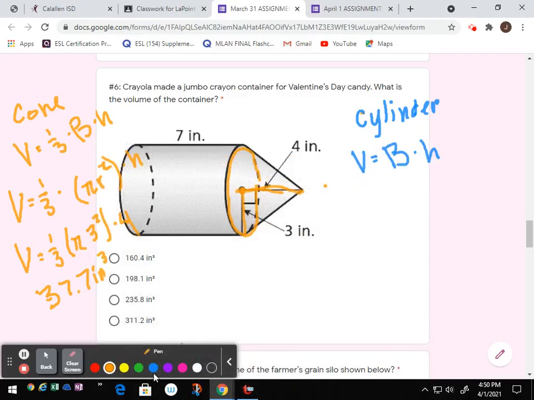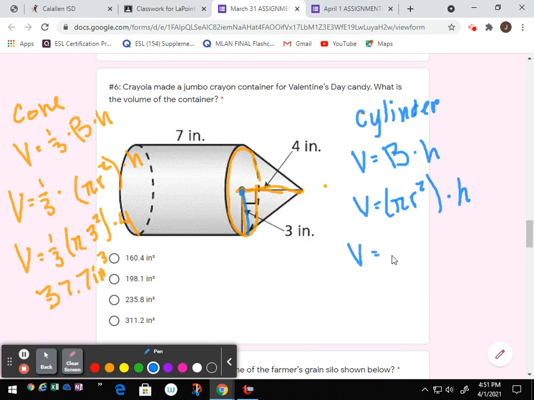Now we need to find the volume for the cylinder. So big B is the area of the base, which is still in the shape of a circle. So we have V is equal to pi radius squared, and then we drop down to the height. The cylinder and the cone share the same base, so that means they have the same radius of 3.